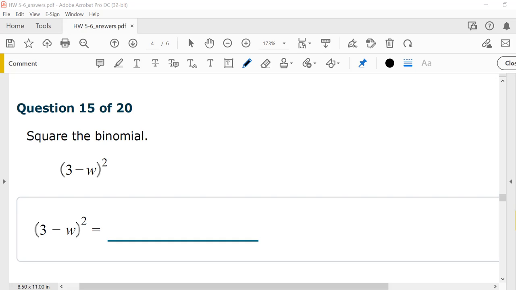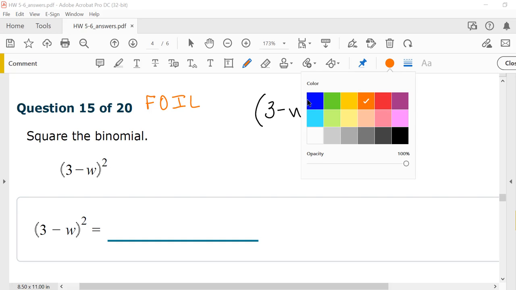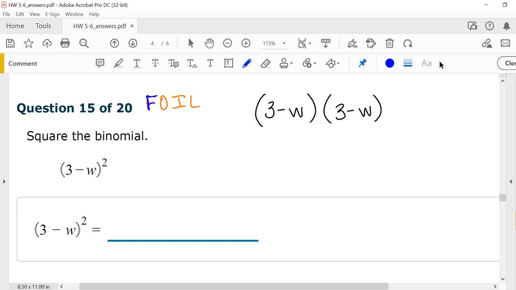Number 15, square the binomial. 3 minus w times 3 minus w. If I FOIL, when I multiply the first terms, 3 times 3 is 9.